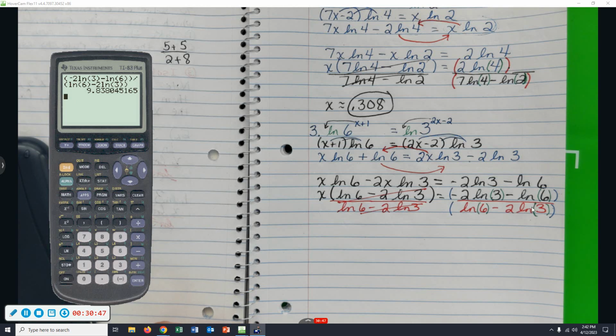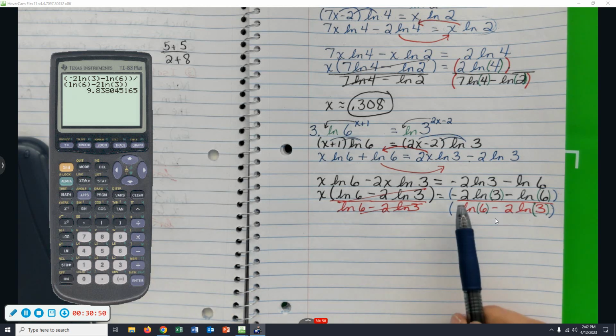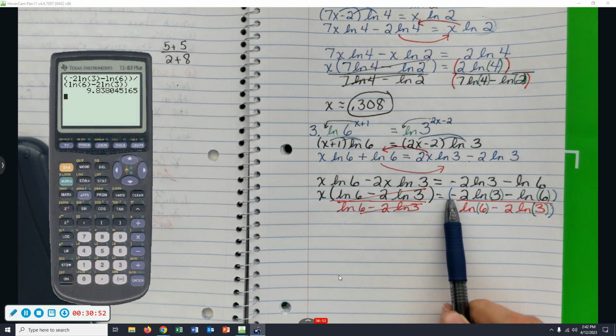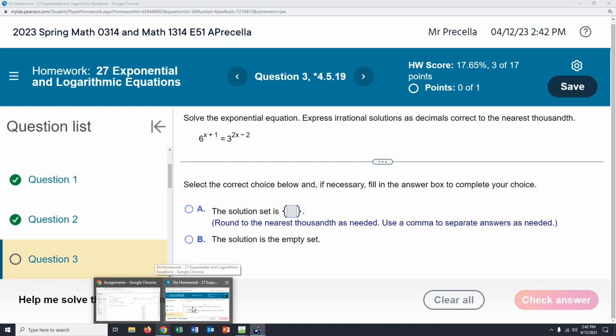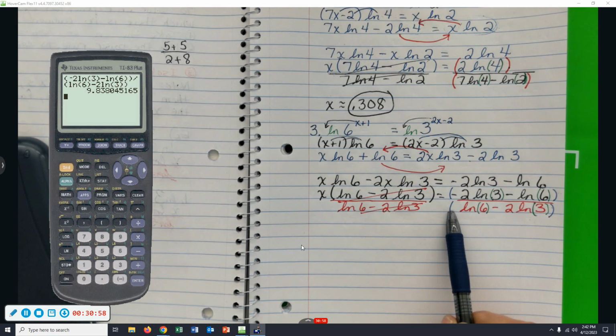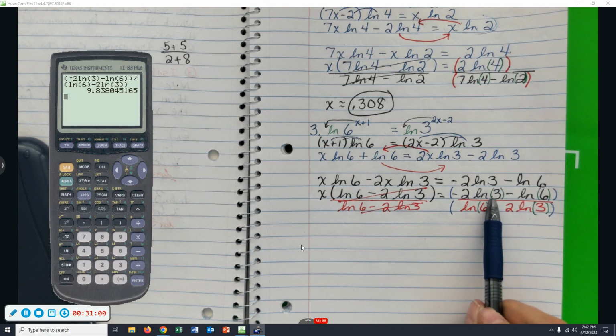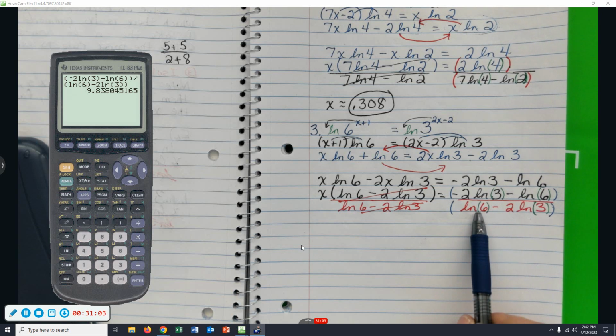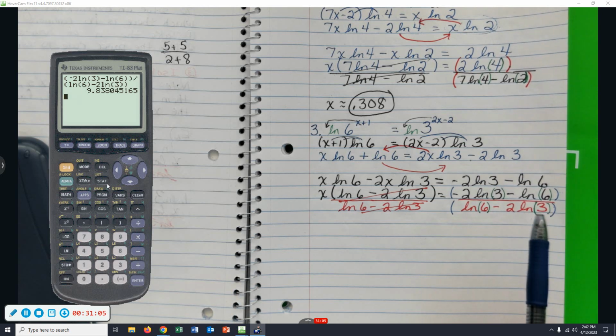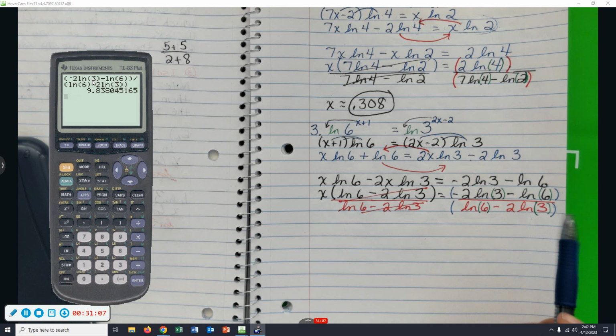2 times ln 3. The only ones that are absolutely necessary, regardless of the type of calculator, are these blue ones here, the ones on top and the one on bottom. All the other ones, these green ones, I'm only putting them there because the calculator opened those parentheses, and so I've then got to close them.